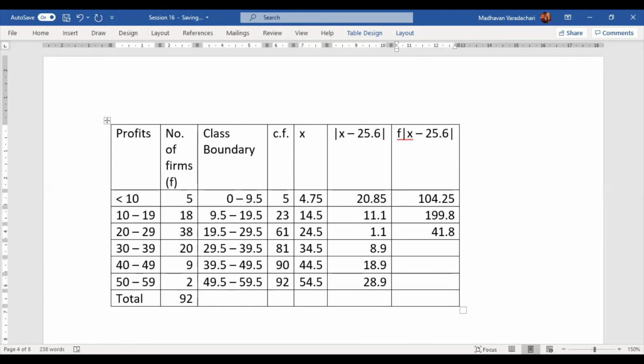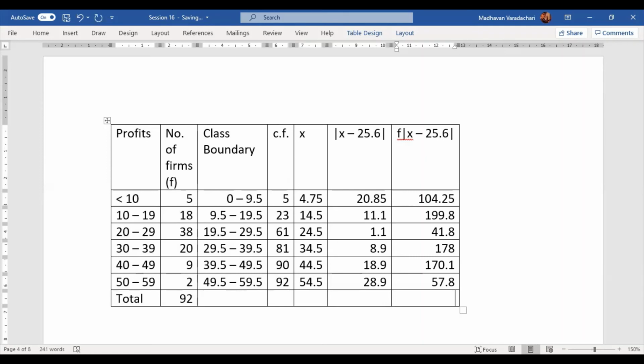Then the next one, 8.9 into 20, you get 178. Then 18.9 into 9, we get 170.1. Then we have 2 multiplied by 28.9, we get 57.8. Let us sum it up.